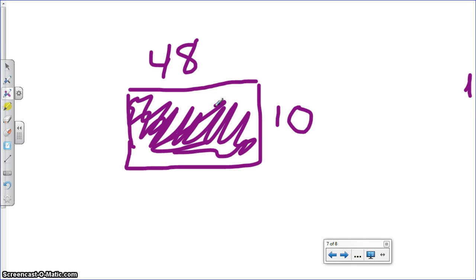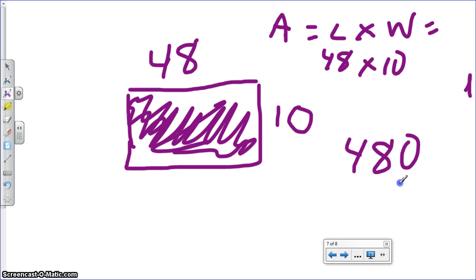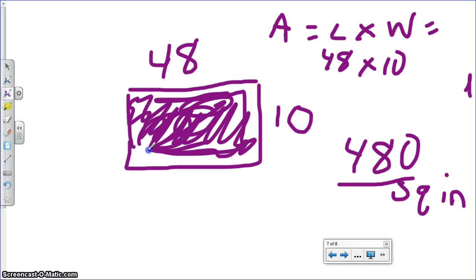Okay, well, I would just do, again, the area, define area. I do length times width. So I would do 48 times 10. And that would give me 480, and we're going to call it square inches because it's your desk, square inches. So that means if I had all those little tiny square inches, it would take 480 of them to cover the whole surface of our desk. Okay? That's how you find area of a rectangle.